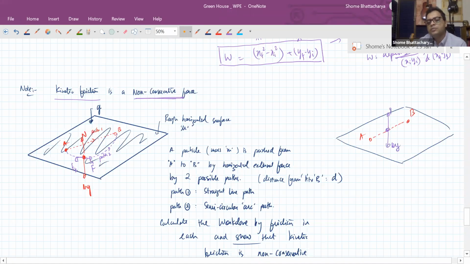These two are perpendicular to the surface. There must be some external force which is driving it along that path, and friction acting this way, so that its displacement is along the path. Okay, so this kinetic friction is mu m n, and n is equal to mg, because F is only acting because it said that by some horizontal external force. So that's in the horizontal plane. So normal reaction is not affected by it.